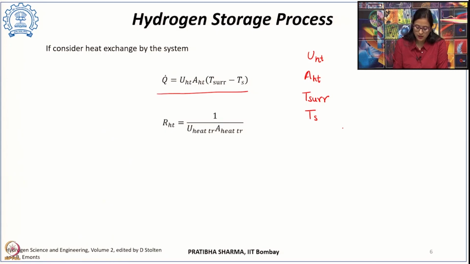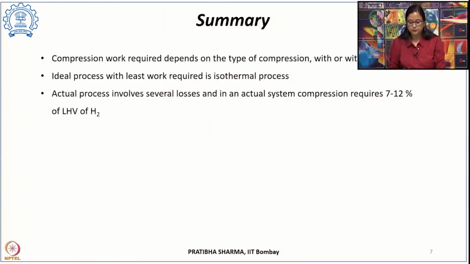And using this, we can also find out the thermal resistance for the storage system as 1 upon the heat transfer coefficient and the area. So, this is how we can model the hydrogen storage process.